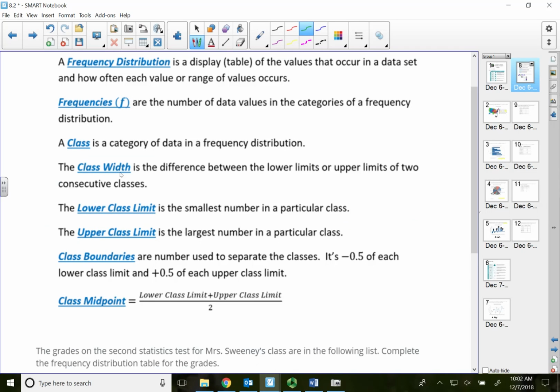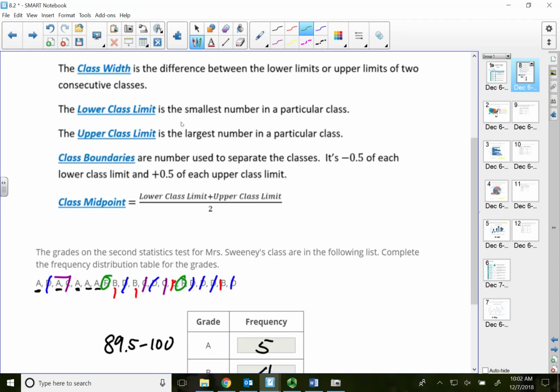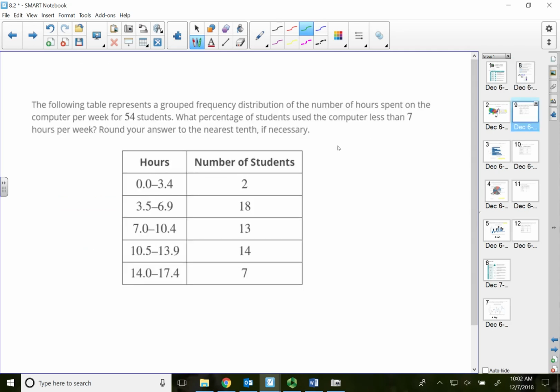Class width refers to the difference between the lower limits, or the upper limits, of 2 consecutive classes. The lower class limit is the smallest number of a particular class. Let me go to this page real quick. Here you're looking at 5 different classes.